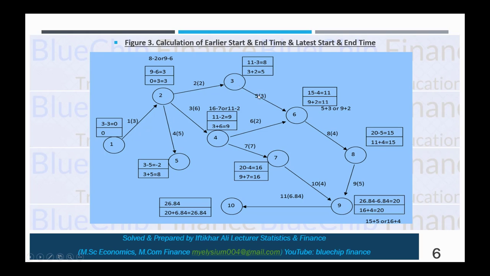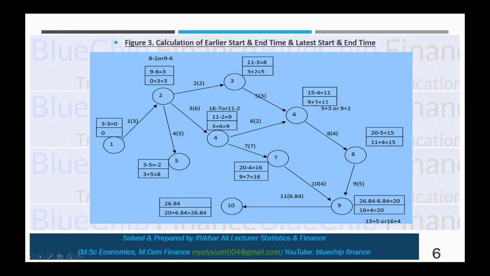So from where we left, here the total is 5, so 5 plus 3, and here one more activity is coming, that is 9 plus 2 equals 11, and 5 plus 3 equals 8.